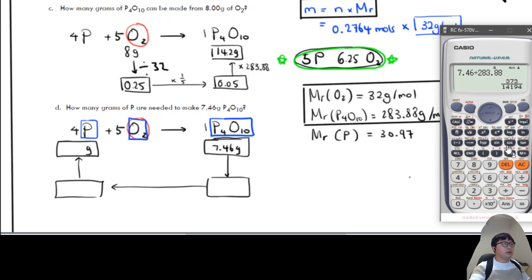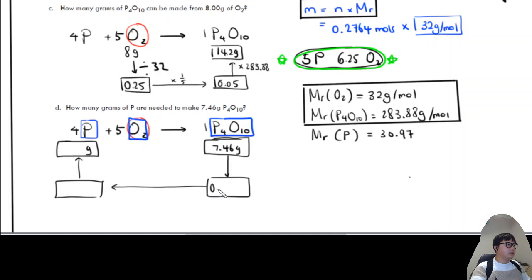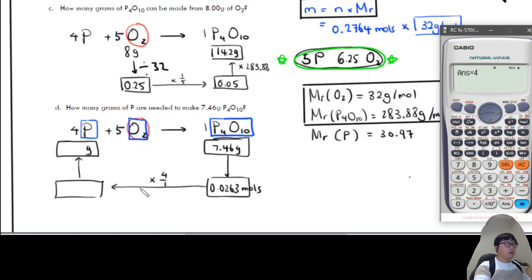283, that's right. Which is that 0.0263 moles. And then you go across, then you gotta divide by 1, times by 4 on 1, right? Same thing. 0.105, that's right.